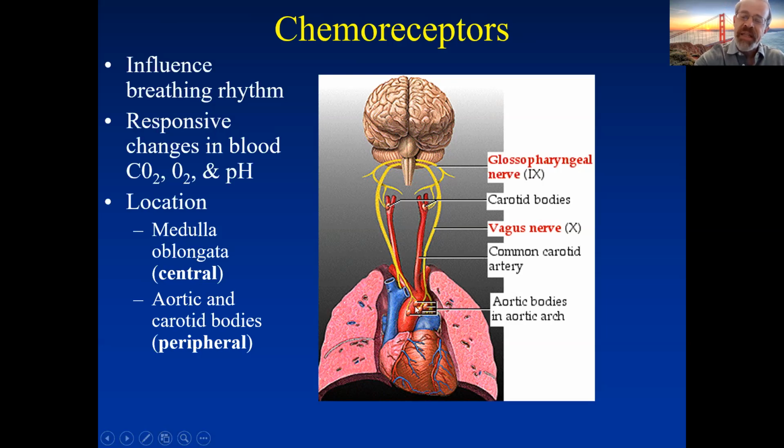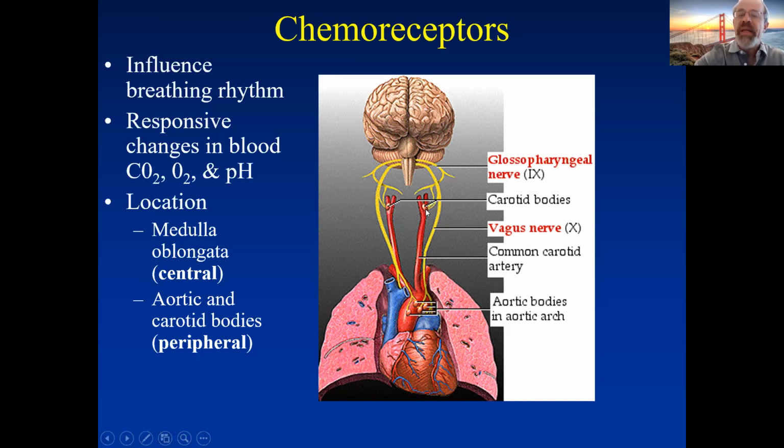Once these cells sense levels of oxygen, CO2, or pH, they report back to the brain via two distinct nerves. The aortic bodies report back by way of the vagus nerve. You've heard of that nerve many times, right? That's the 10th cranial nerve. It does a lot of different things: digestion, respiratory, cardiac functions, and it reports back to the medulla.